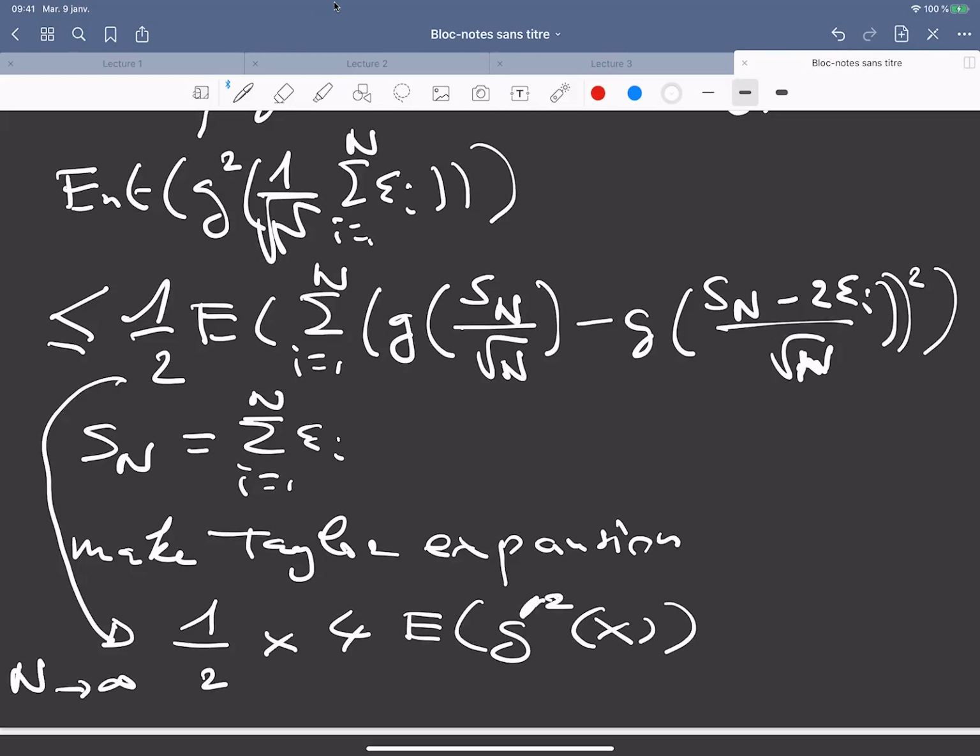And of course, the left-hand side is going to the entropy of J square of X, and you end up with what you wanted, that is the Gaussian Poincaré inequality in dimension 1. And the proof is over.